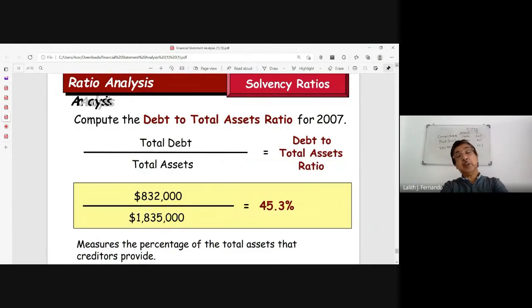But the only issue here is you have to do analysis by looking at the figures. These calculations alone will not give a complete idea. You need to do an analysis. You have to give logical comments on that.